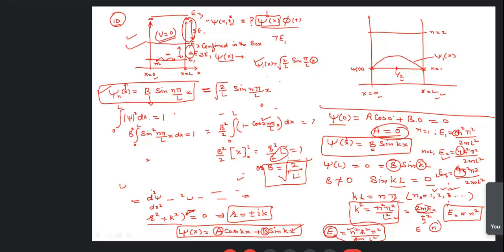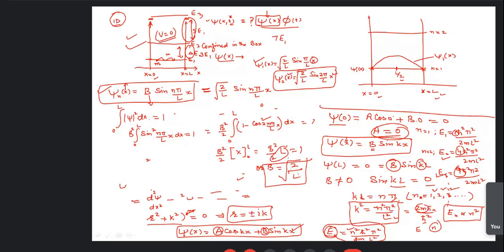And then the wave function can be written corresponding to n equals 2. I write wave function psi2 as under root 2 by L times sine of 2 pi over L x. Again, I have fixed n, but the wave function is now a function of x.